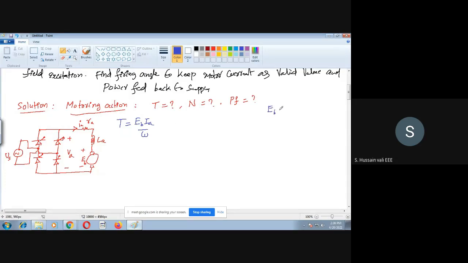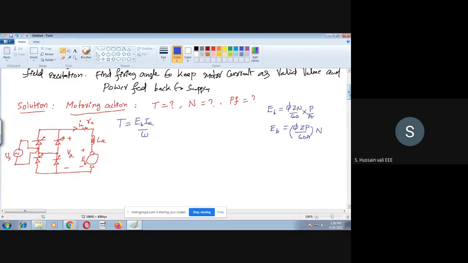EB is, if you recall, phi Z N by 60 into P by A, that is equal to phi Z P by 60 A into N. That is EB. You must understand a few things here. These are the equations.